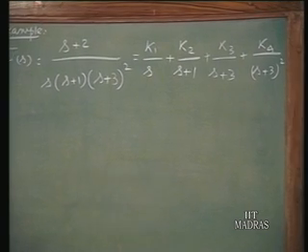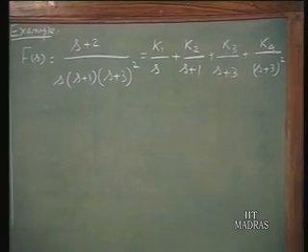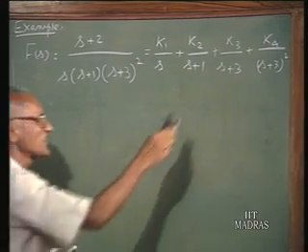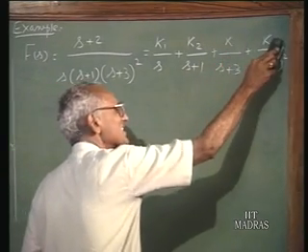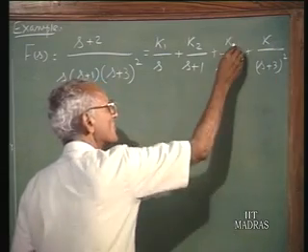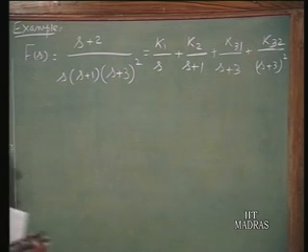So it would be convenient for us to express this in this manner. To streamline this work and extend it to the general case, we will put it this way: this pole at minus 3 has 2 repeated roots, therefore we have K31 and K32.